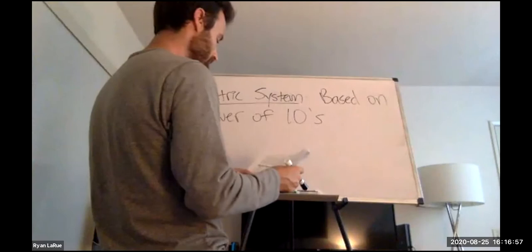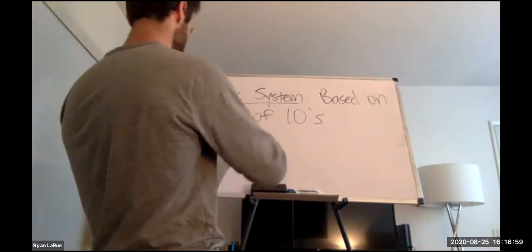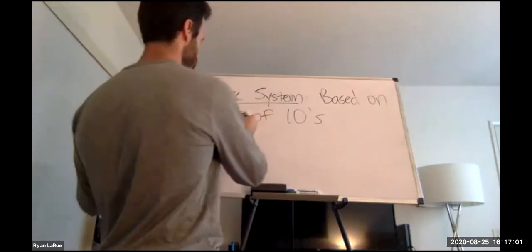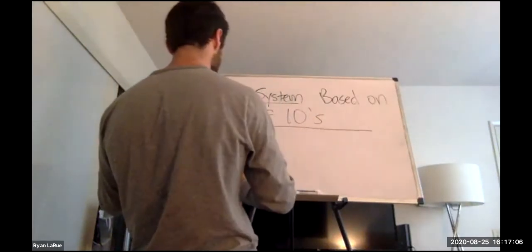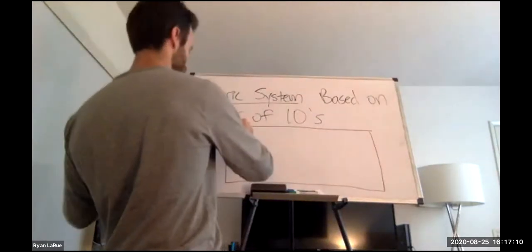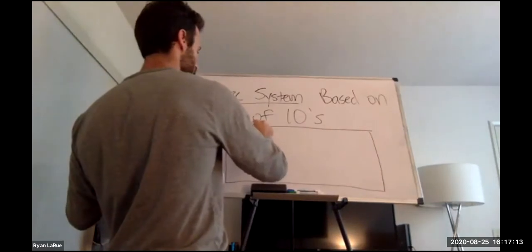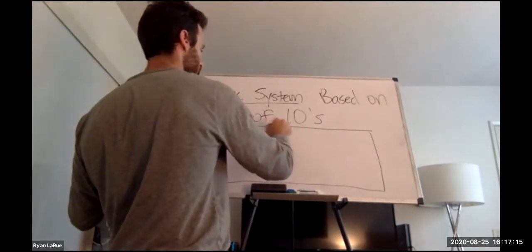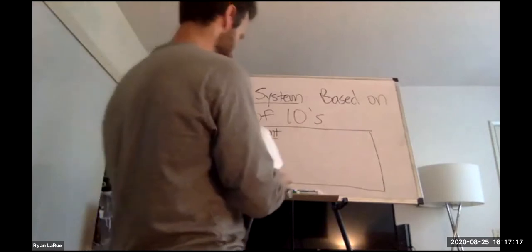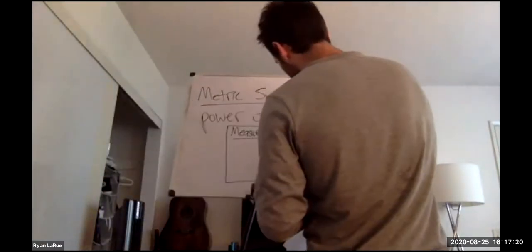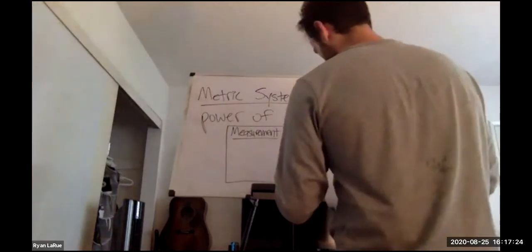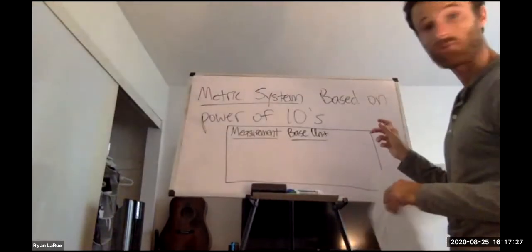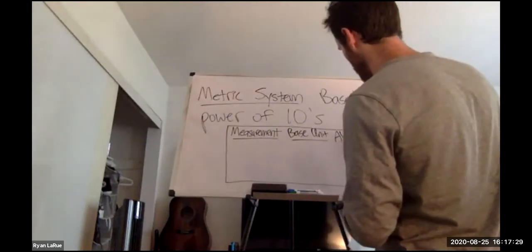So we're going to do a little table, and you'll find this in your lab as well. We're going to have this table with measurement, so the type of measurement we're taking, the base unit, then the abbreviation, column for abbreviation.